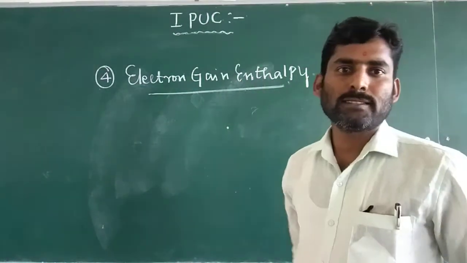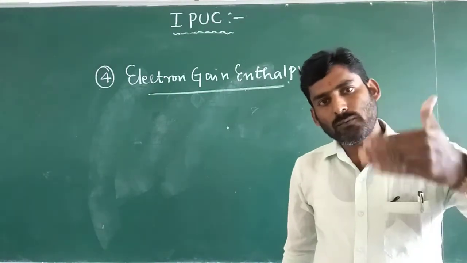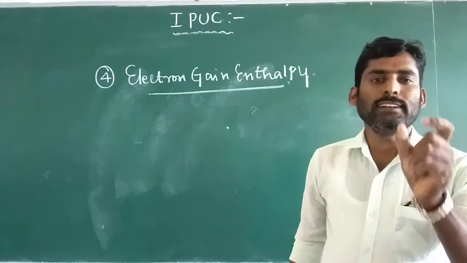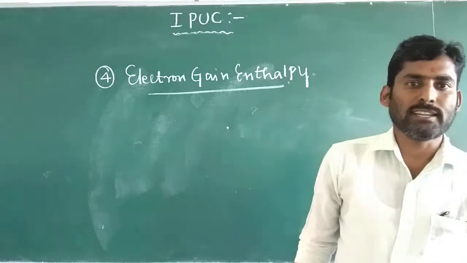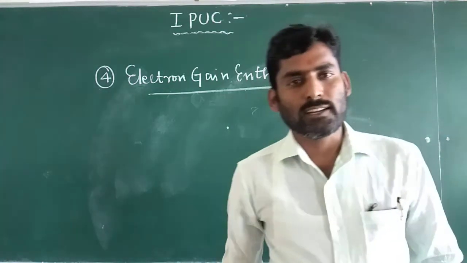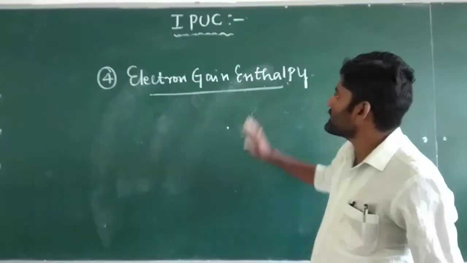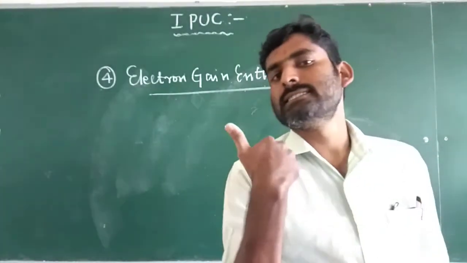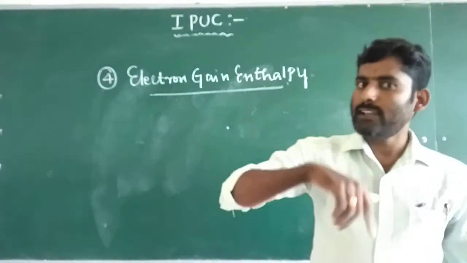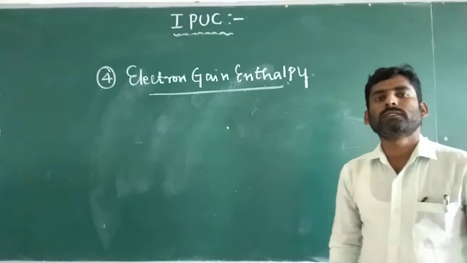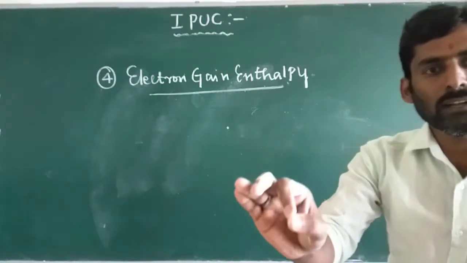Electron gain enthalpy is nothing but the amount of energy released when an electron is added to the neutral gaseous atom in the ground state. It is opposite to the ionization enthalpy. In ionization enthalpy energy is required, but in the case of electron gain enthalpy, energy is released when an electron is added to the neutral gaseous atom in the ground state to become a negative ion.